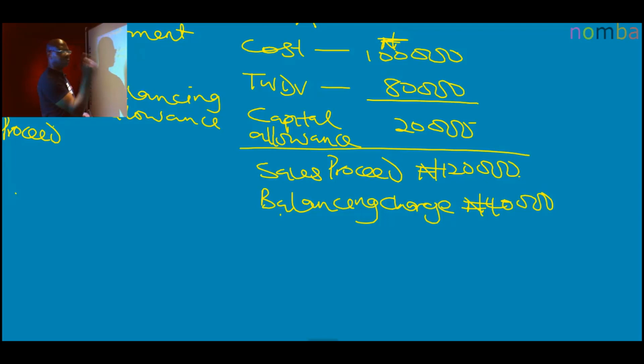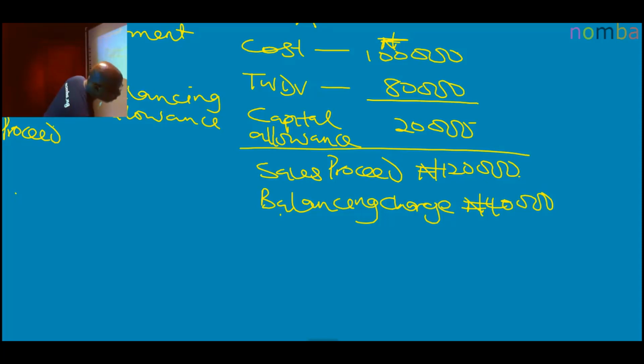So what I will take to add to the assessable profit is 20,000. Are we together? But if it was the other way around, maybe my balancing charge was 10,000, and the capital allowance is 20,000, it is still the 10,000 I would take. Did you get that? So it is restricted to the maximum capital allowance that the asset has enjoyed.